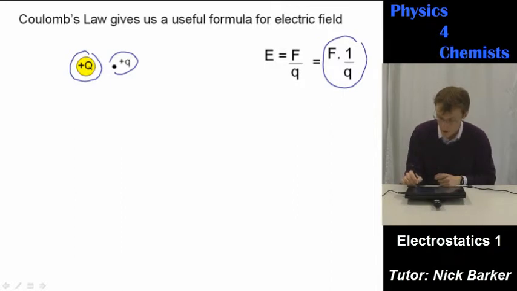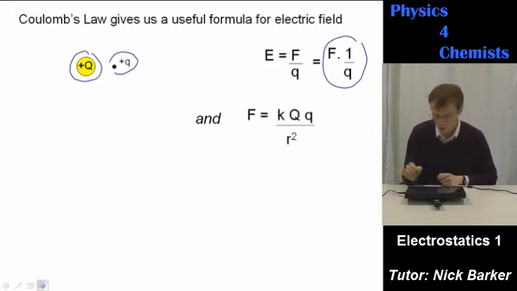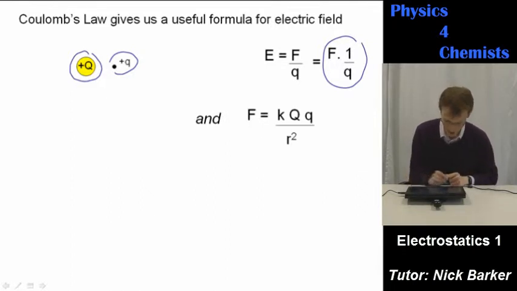So F times 1 over Q, that's the same as F over Q. And we know that the force that this little object is going to feel is equal to some constant, a number, multiplied by the product of the two charges in coulombs divided by the square of their separation, the coulombic force between them. Rewatch the earlier bit if you've forgotten.